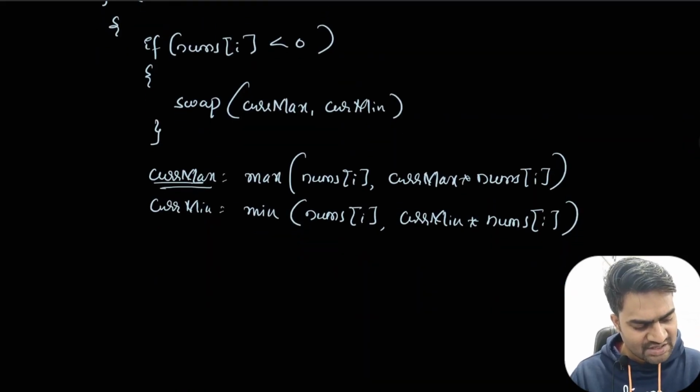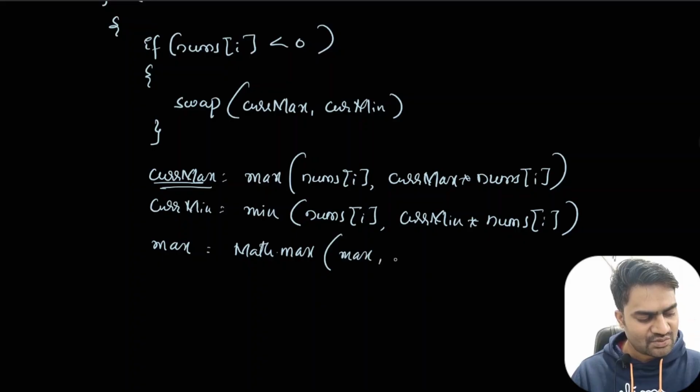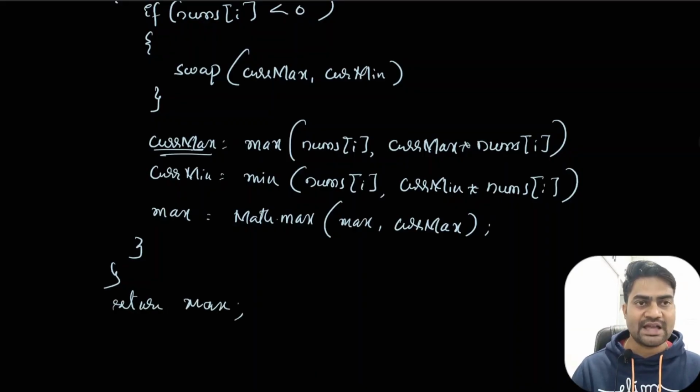So max will be equal to Math.max, just so as not to be confused, I'm using proper Math.max here, of our max value comma our current max value. This will update our max value. Then finally I will return my max.